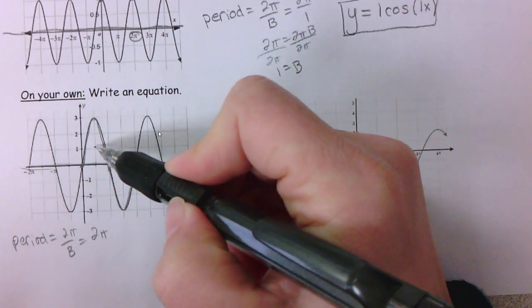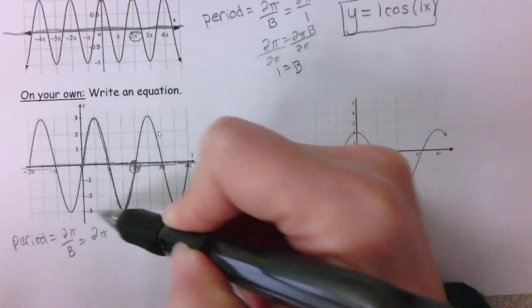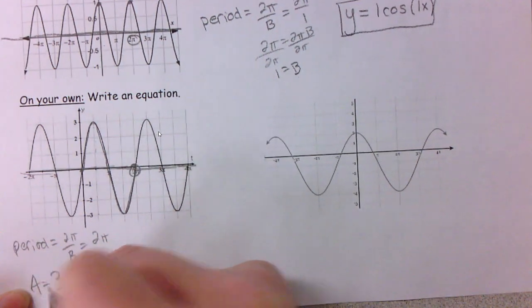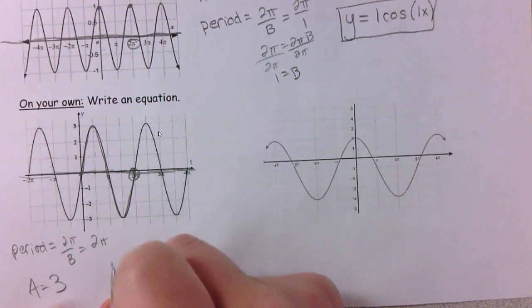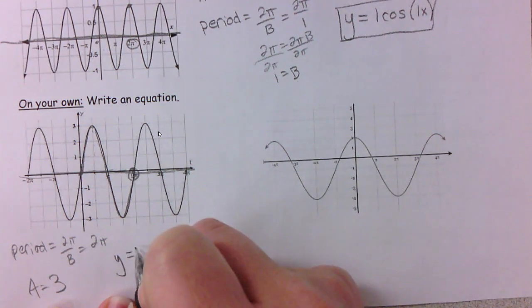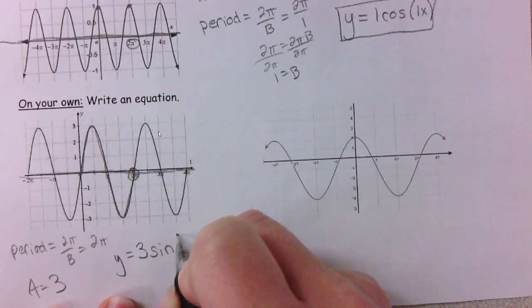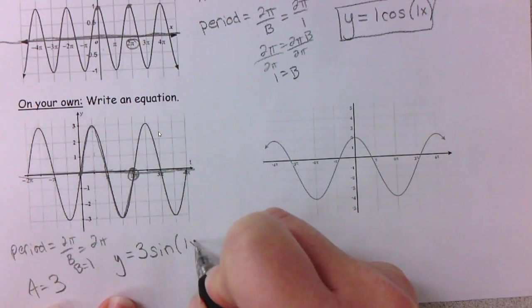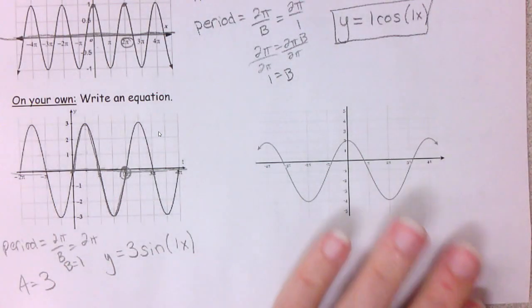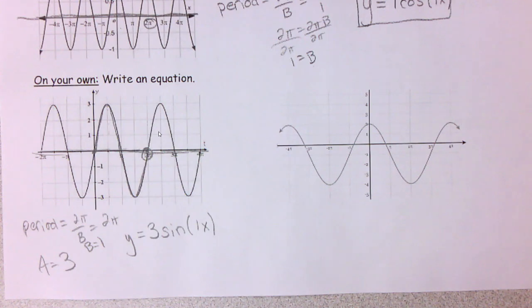So I go up 3 and down 3, so amplitude is 3. K is 0, so y equals 3 sine, b is 1, of 1x, or just 3 sine of x. Okay.